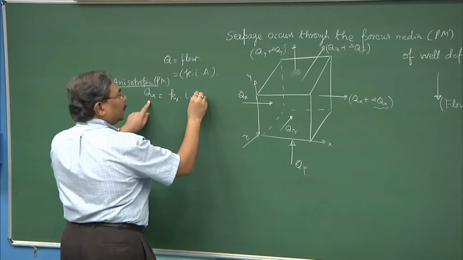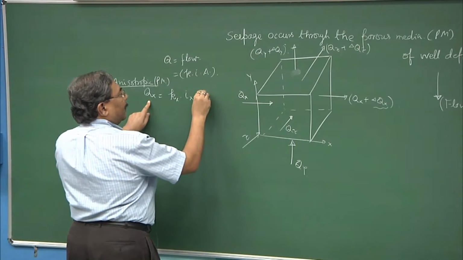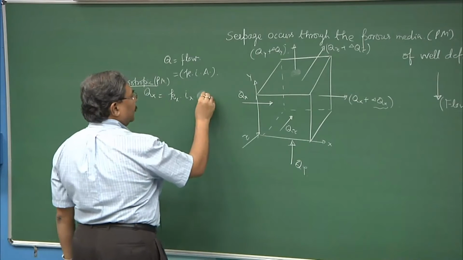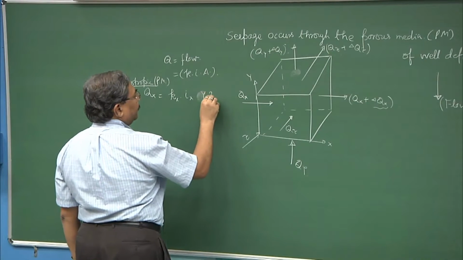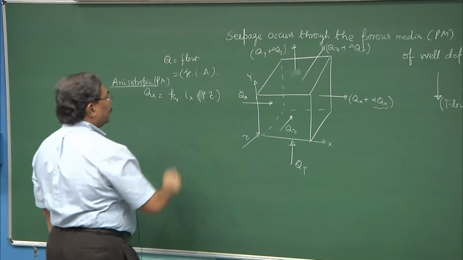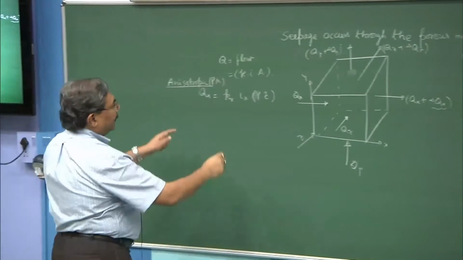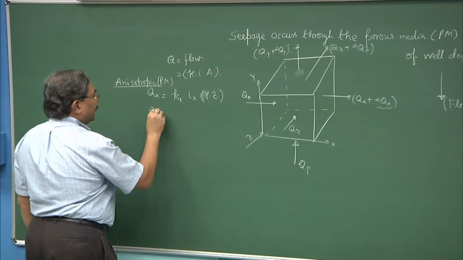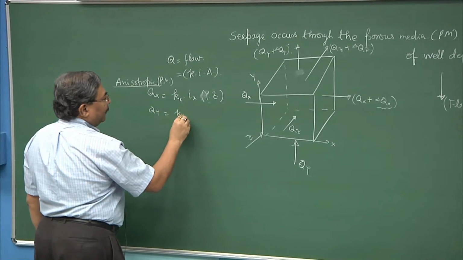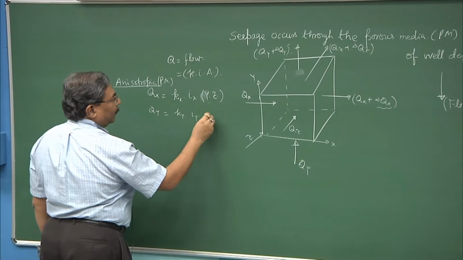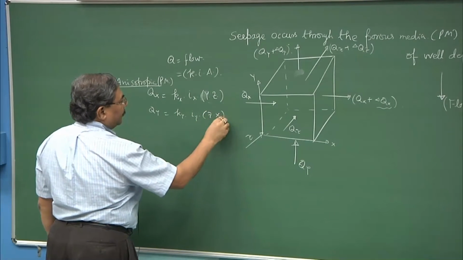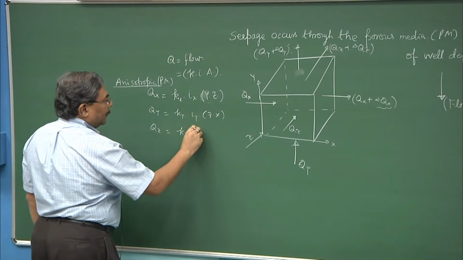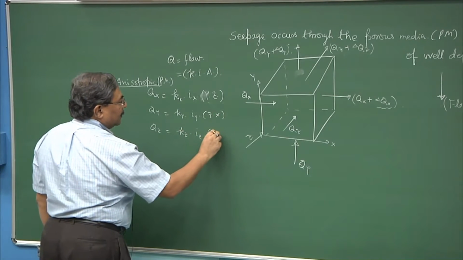Let us say I consider the dimensions as y and z. This is the area of cross section through which Qx is taking place. Similarly, I can write Qy equal to Ky iy into z x, and Qz equal to Kz into iz x y.